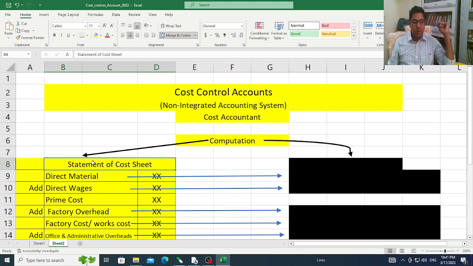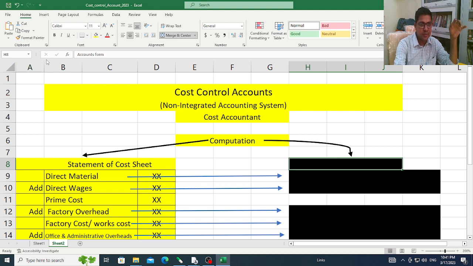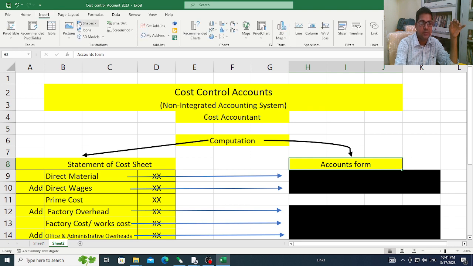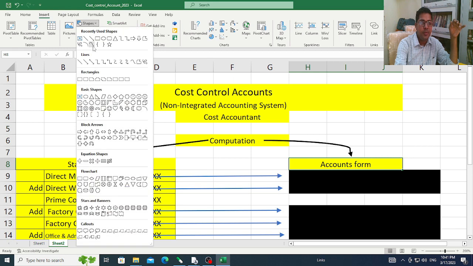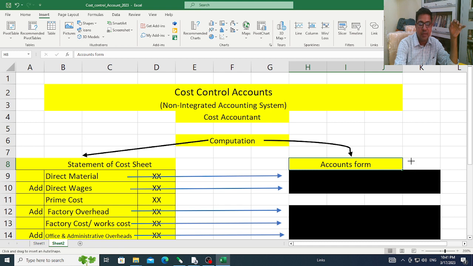Now, how will we manage this? Therefore, the cost accountant says to the company that we will prepare the account forms, and we will prepare only the ledgers and the general entries which are related to nominal accounts only. They say they will prepare only nominal accounts.